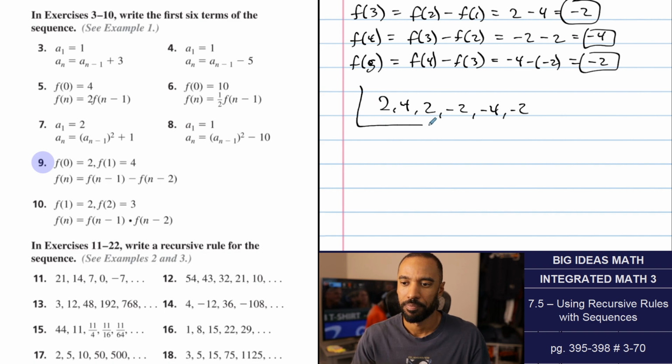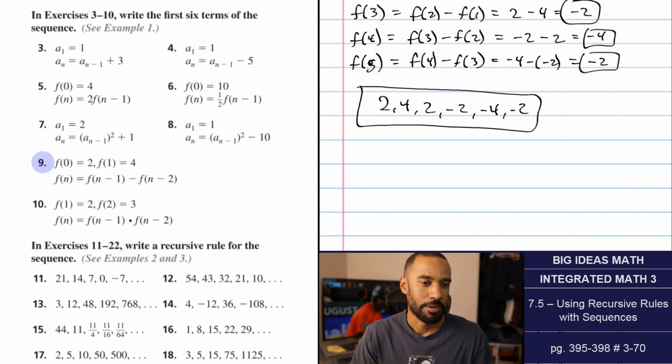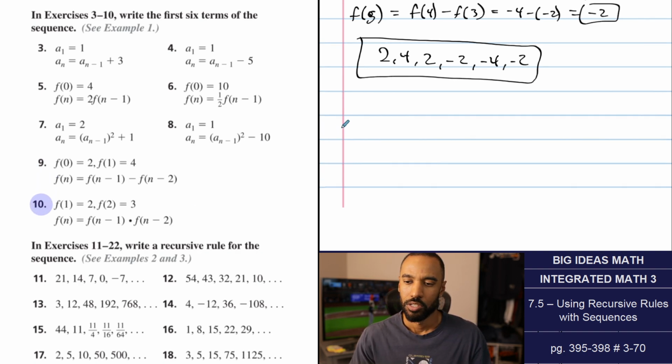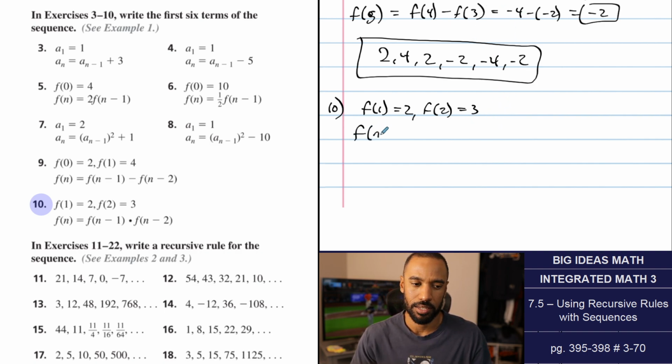Number 10, we are multiplying the 2 previous terms. So first term is 2, second term is 3. And then some other successive term takes the 2 previous terms multiplied.